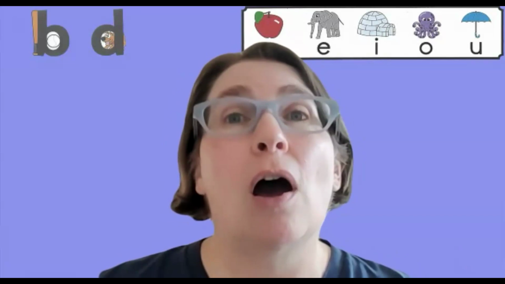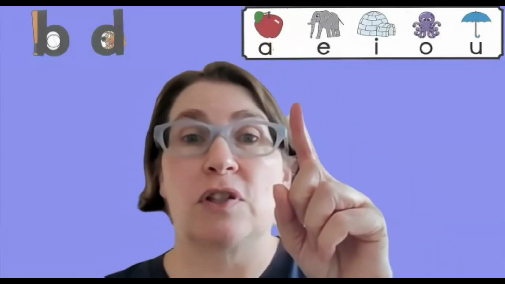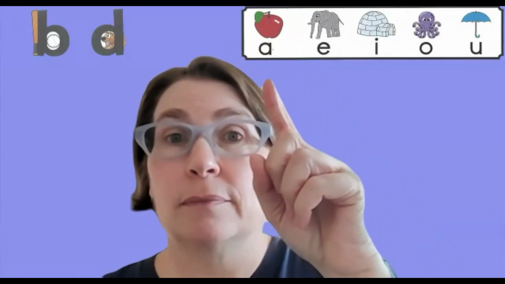The main reason to learn about the syllable types is because it will help you figure out the vowel sounds in words. And knowing the sounds of vowels in a word are going to help you figure out how to read it correctly. So when syllables are closed, the vowels usually represent short vowel sounds. So if there's an A in a closed syllable, it's going to sound like ah.